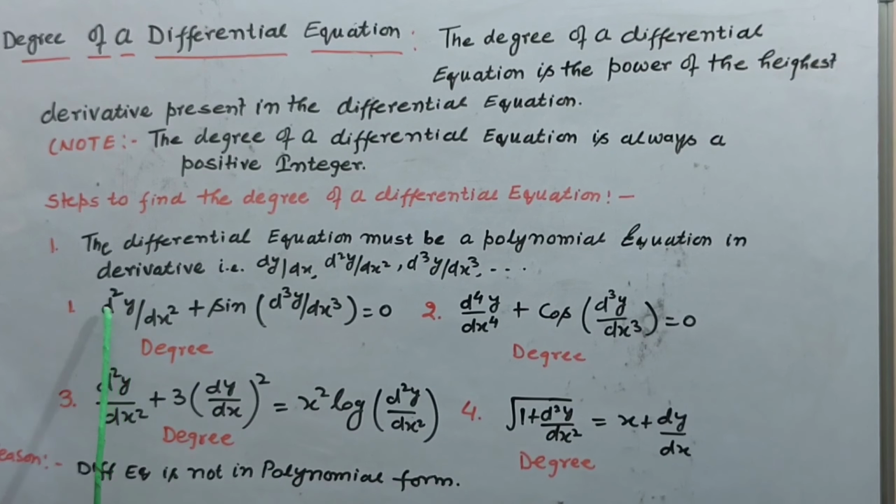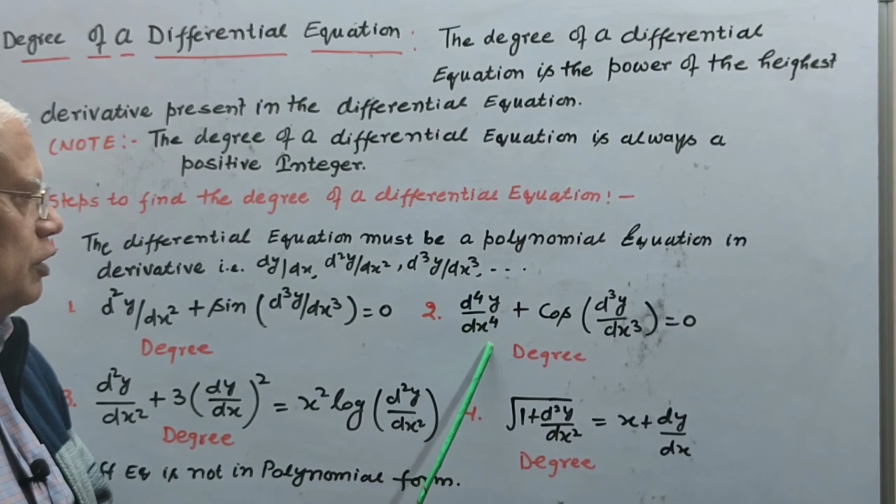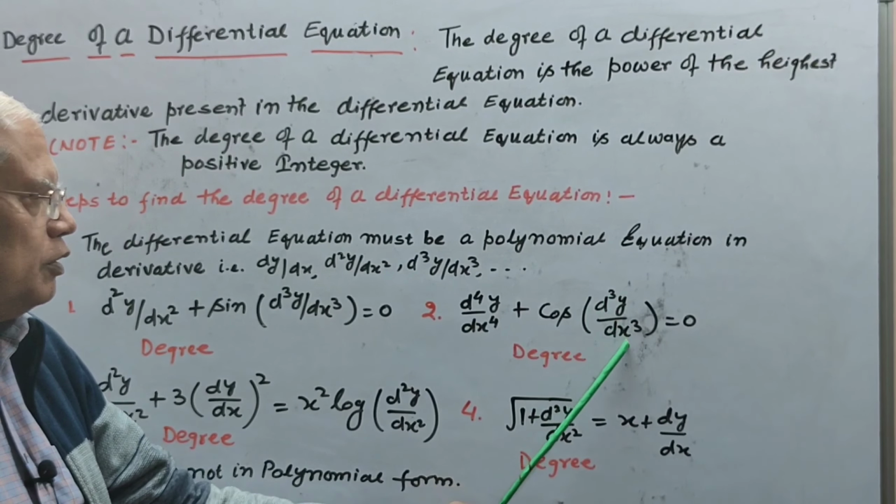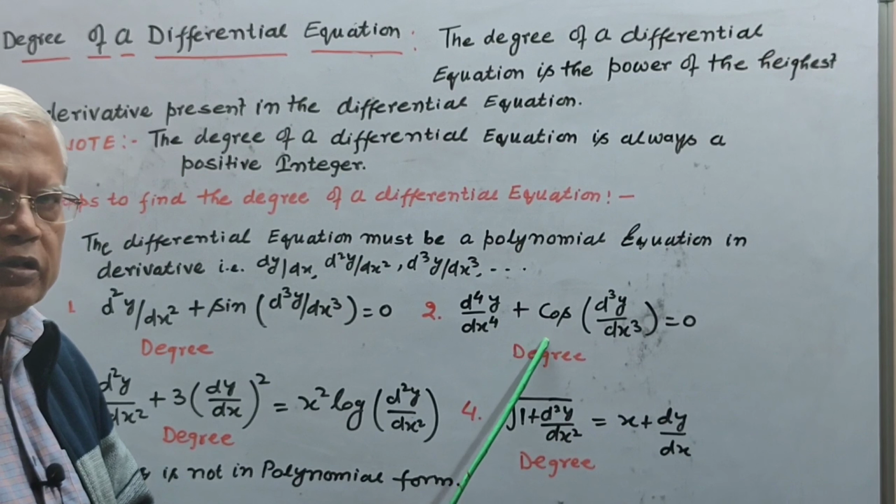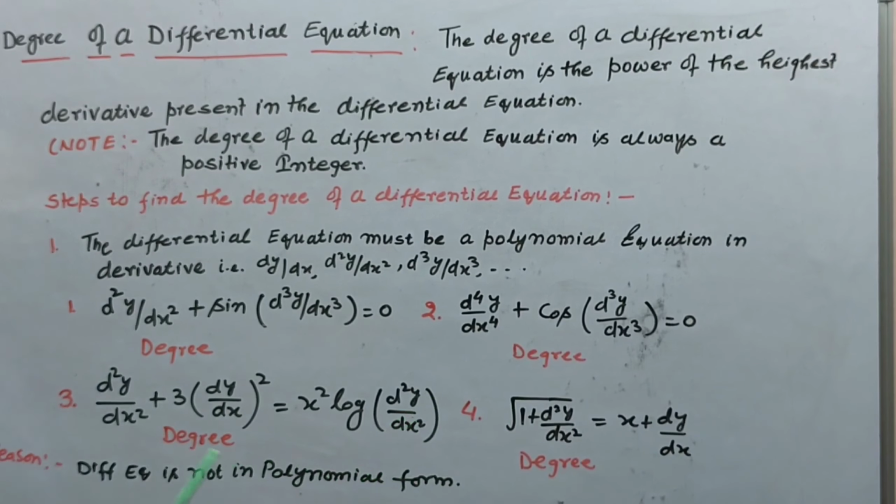You can see clearly d2y upon dx square plus sine d3y upon dx3. This is not in a polynomial form. Here d4y upon dx4 cos d3y upon dx3 equal to 0. This is not in a polynomial form.